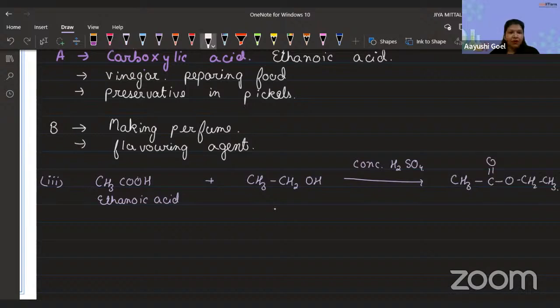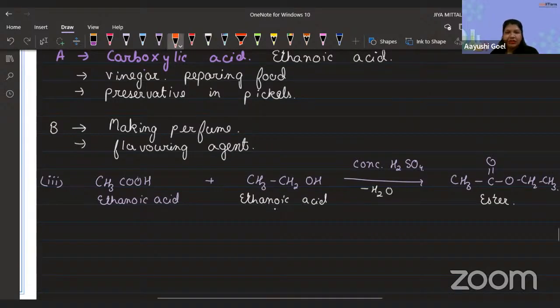So this is ethanoic acid, and this is your ester. Along with that, there is a formation of water. So this type of reaction is called dehydration. Dehydration reaction, that is the name of the reaction. Removal of water.